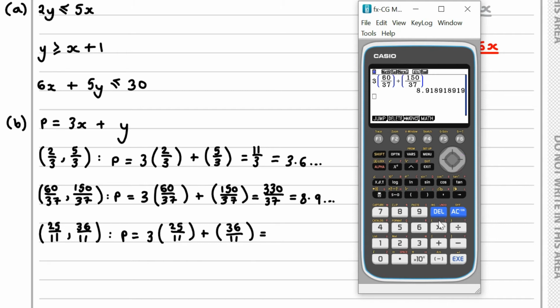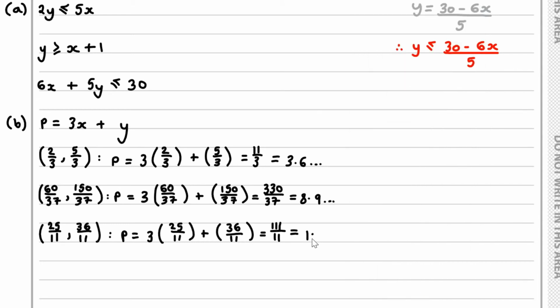We've got here 25/11 plus 36/11, which is 111/11, which is equal to 10.0, etc. So here we've got the largest value for p, and therefore the optimal vertex is 25/11 and 36/11.